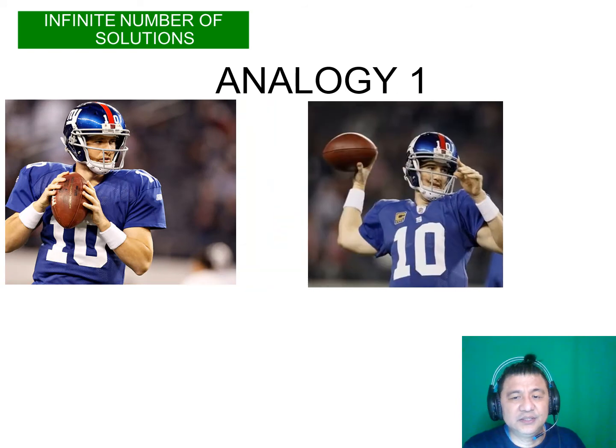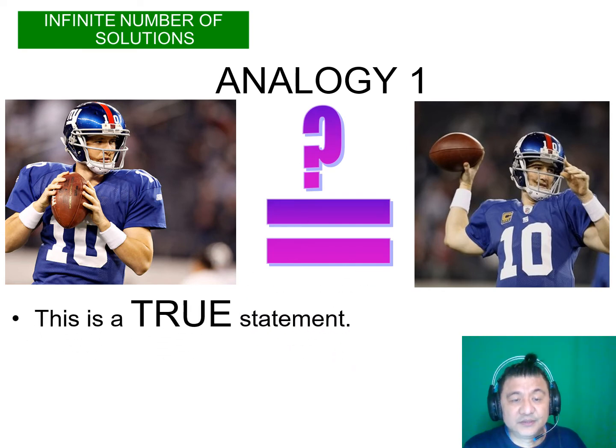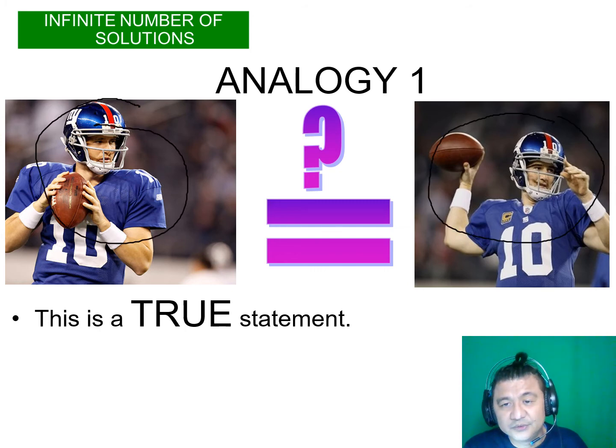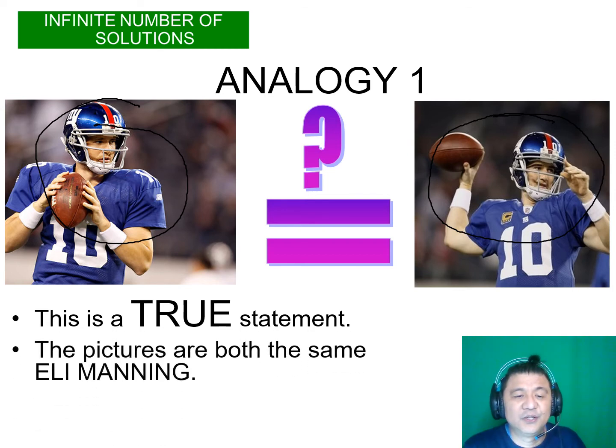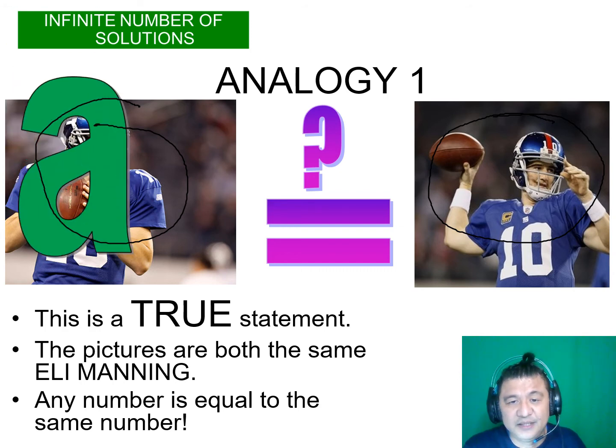Okay, analogy. Who is this player? You all know him. This is a true statement: the same football player is equal to that one. If the left side is equal to the right side, you already know it is a true statement. Both are Eli Manning, right? And any number is equal to the same number, right?